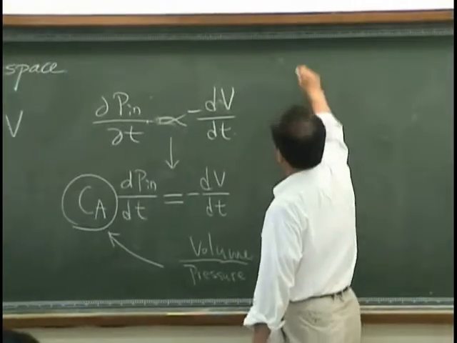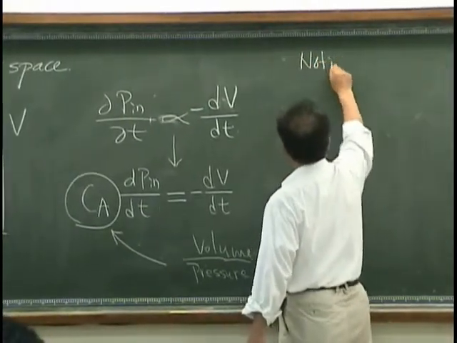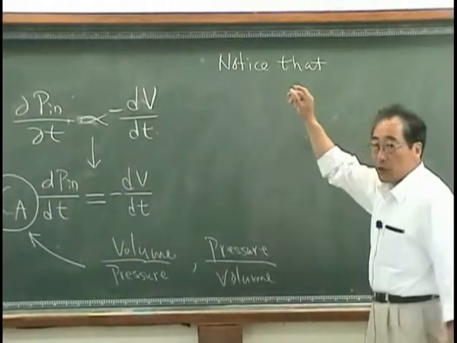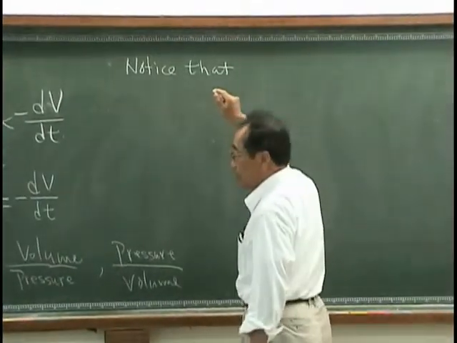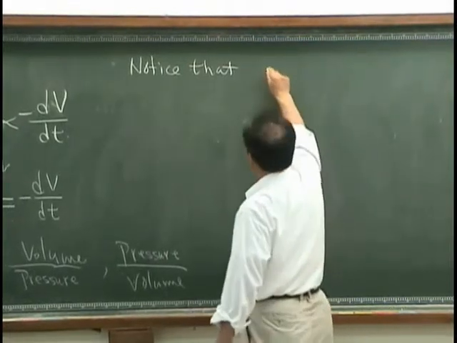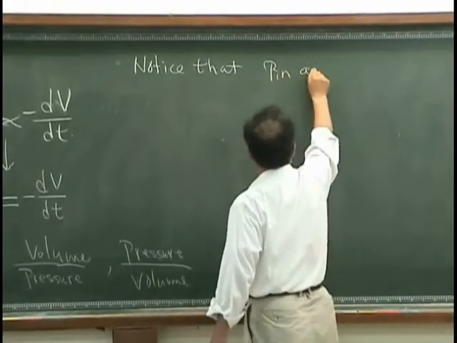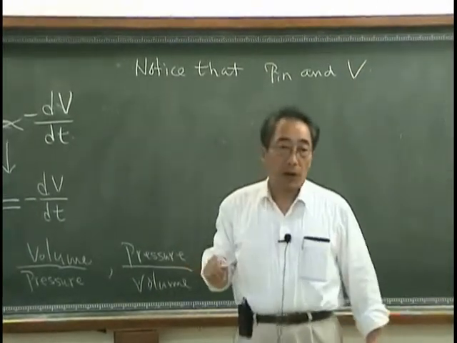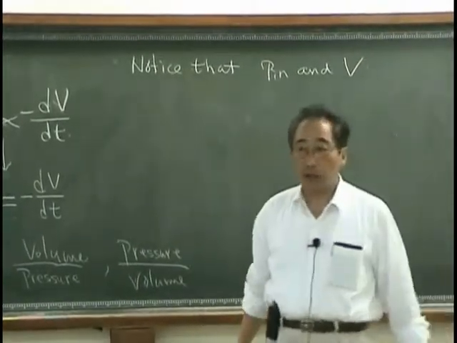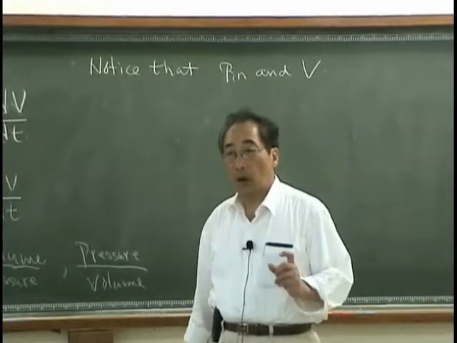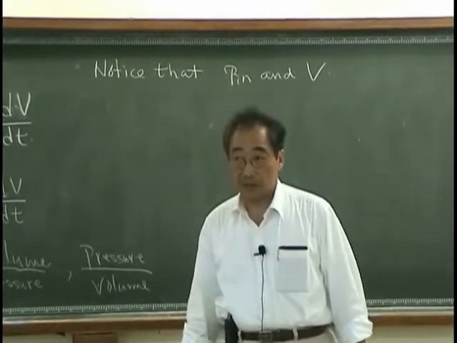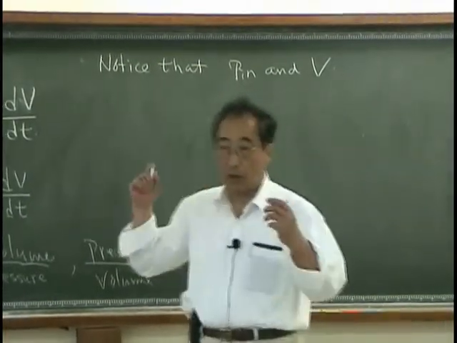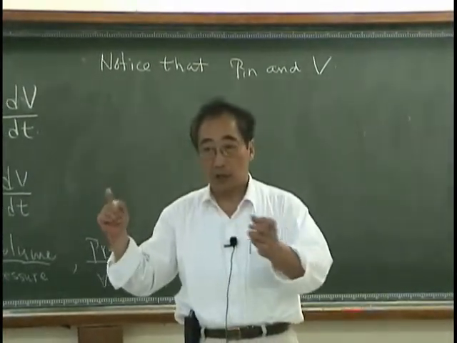Now notice that I have an equation relating P in and V, and I want to have an equation that only has one dependent variable. For example, only P. I want an equation that only handles P in.